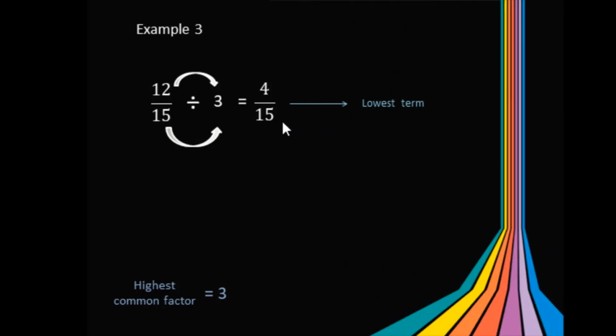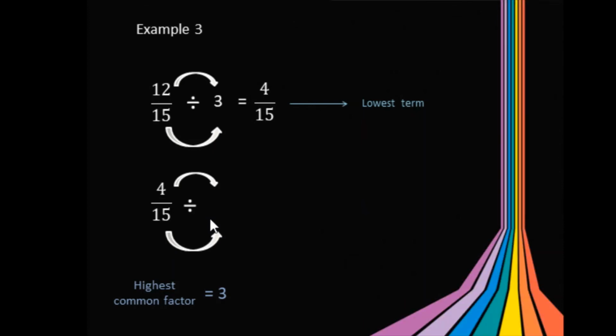4/5. Can we still divide 4 by 3? No, we cannot. How about 5 by 3? Can't, and again, it has to be divisible for both the numerator and denominator.